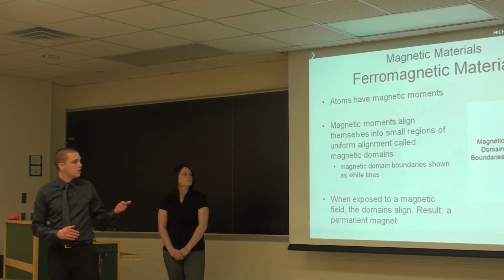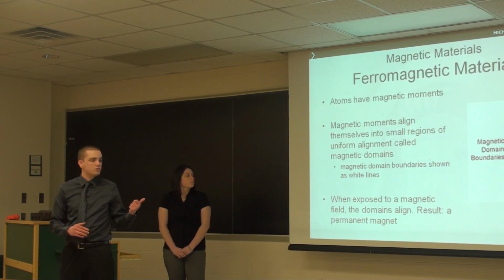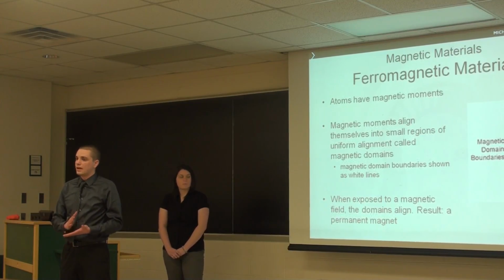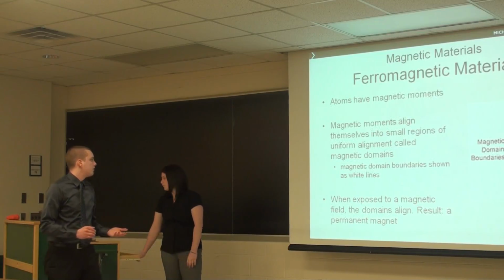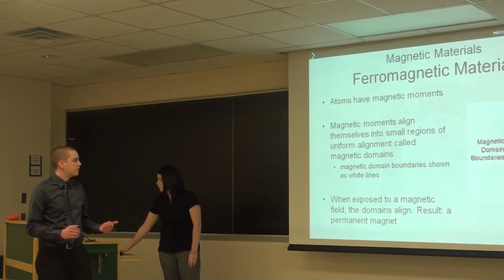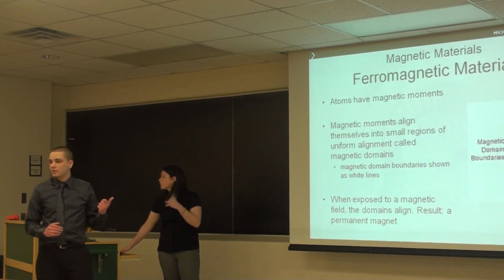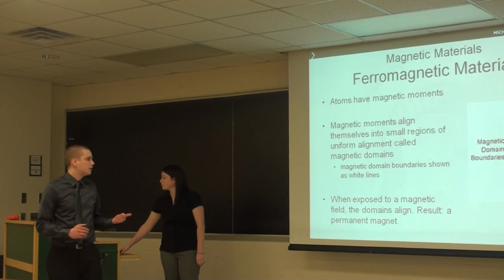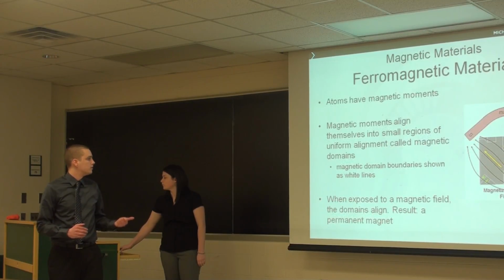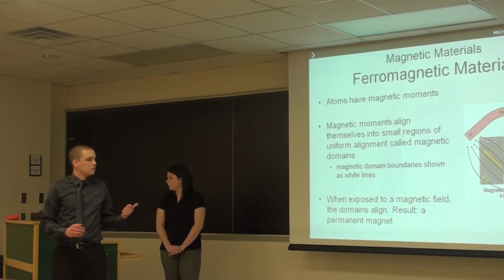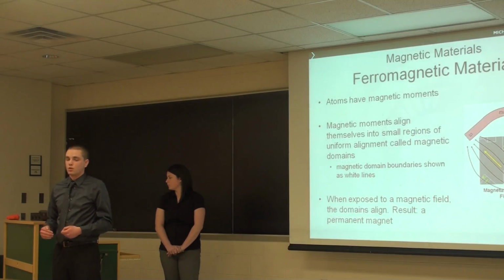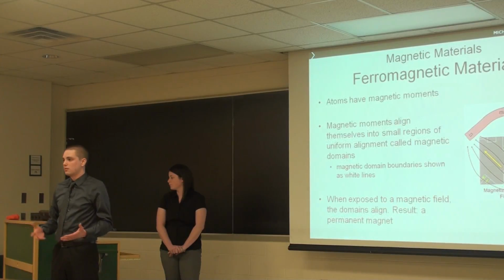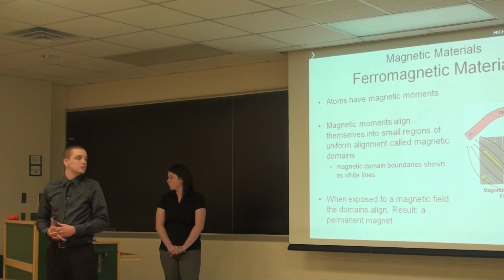And you can see in the picture on the right that the atoms in a magnetic domain are all aligned in the same direction, although each domain may be in a different direction. After the introduction of a magnetic field, the domains will align, and a permanent magnet will be the result of that. So that's how materials like iron become their own source of a magnetic field.